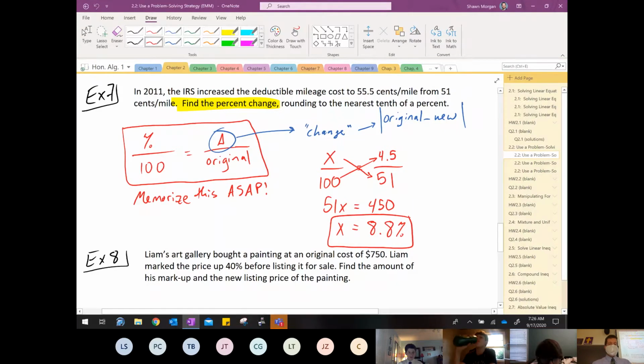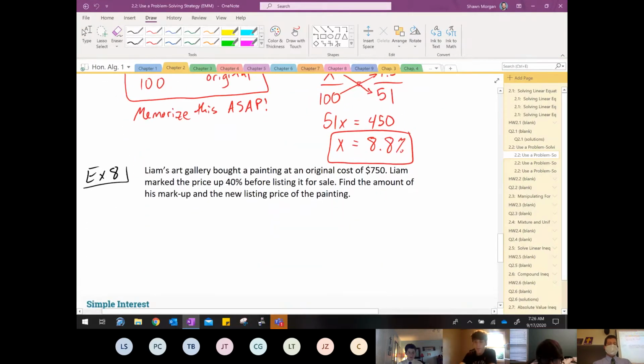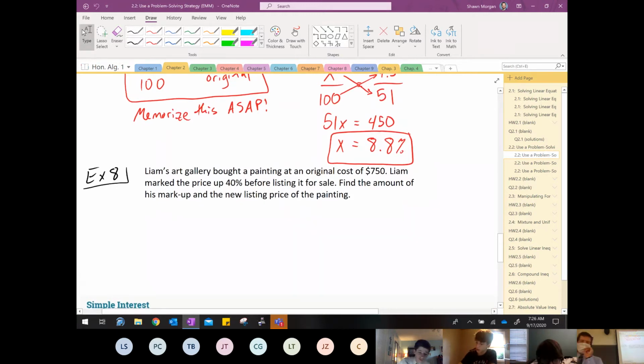Okay, let's look at example 8. You guys give this one a try. So read the problem. You don't have to write it down verbatim, you don't have to write all the words down, but I would encourage you to focus on the major parts. All right, so I see an original cost of $7.50. That's important. I see a markup of 40%.